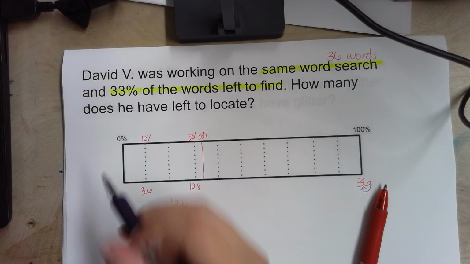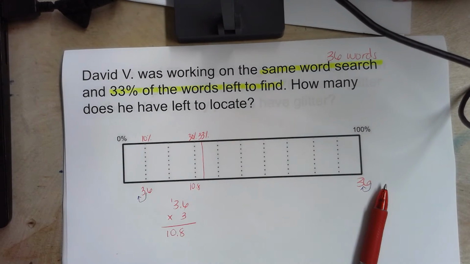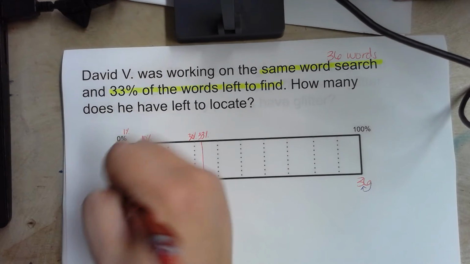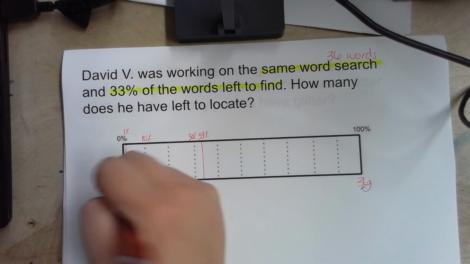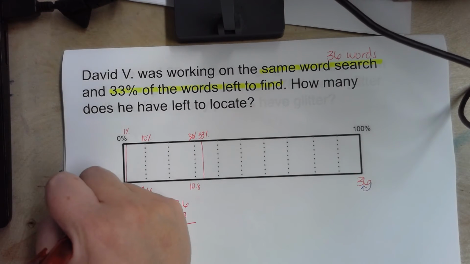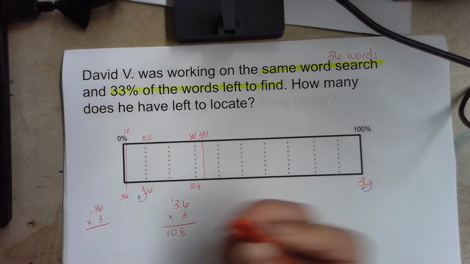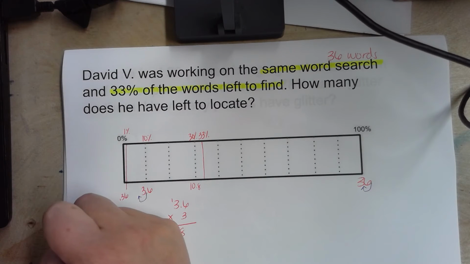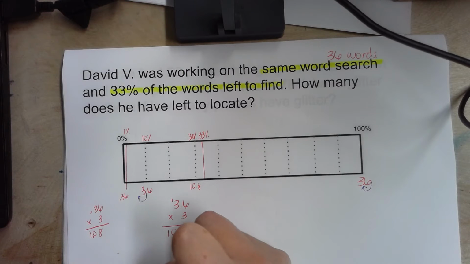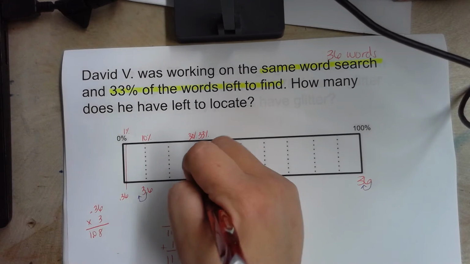Well, we could either do a place value shift right here to get us to 1%, and that would be 0.36. And then we could do 0.36 times 3, which would be 1.08. And we could add that to this to get us 11.88.